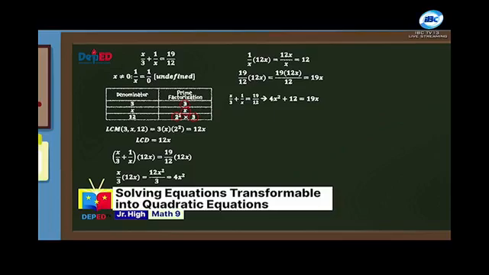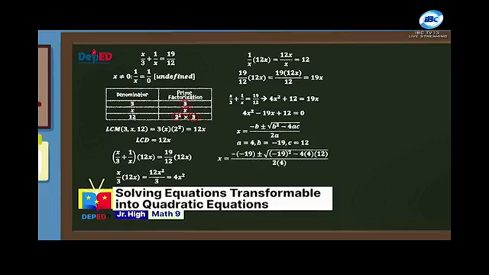Written in standard form, the equation must look like this. Let's use the quadratic formula to solve this derived quadratic equation. In the equation, a is 4, b is negative 19, and c is 12. x equals the negative of negative 19 plus or minus the square root of the expression square of negative 19 minus 4 times 12 all over 2 times 4.